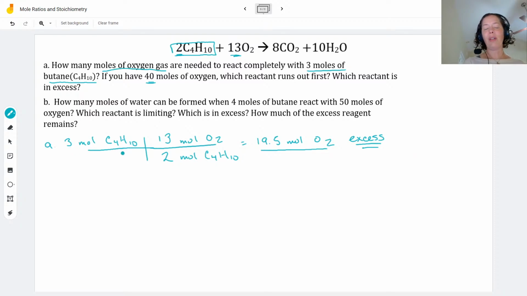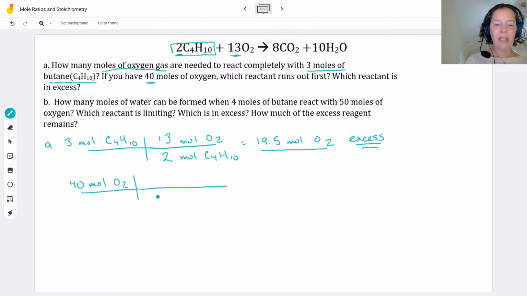So this is if I'm going to use up all of my butane, but what if I'm going to use up all of my oxygen? So if I have 40 moles of oxygen and I want it to be all used up, how many moles of butane do I need? So this is going to be moles of O2 in the denominator, and then moles of butane in the numerator.